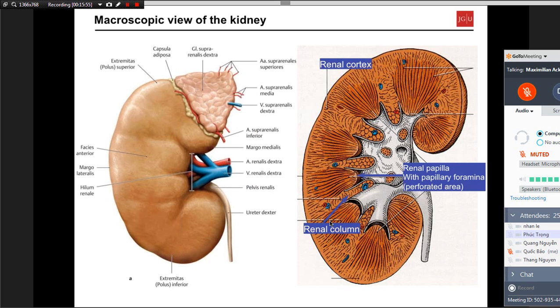At the end, you find the cortex. This is the renal cortex, with the renal column and the papilla. And this area you call the medulla. So renal cortex and medulla, the pyramid system.